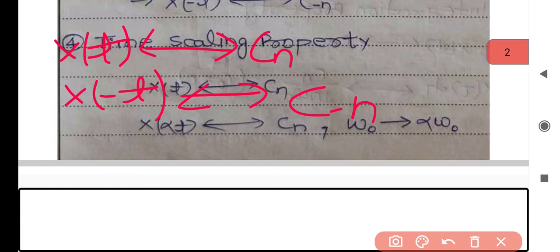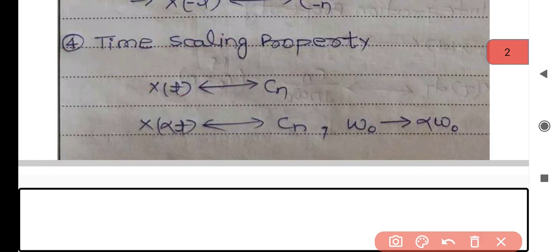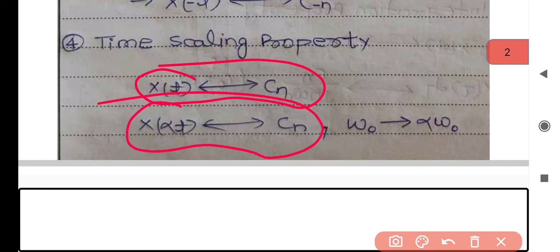Another property we have seen in the previous lecture is the time scaling property, which states that if x(t) produces a Fourier coefficient Cn, then x of alpha t will also produce the same coefficient Cn, but omega naught in the Fourier series relation will be replaced by alpha times omega naught.